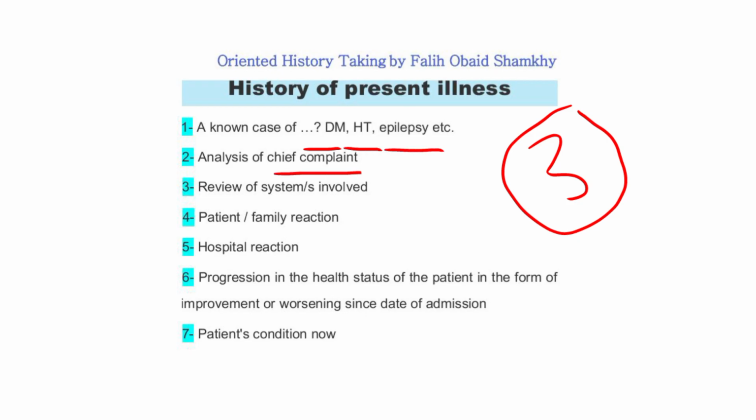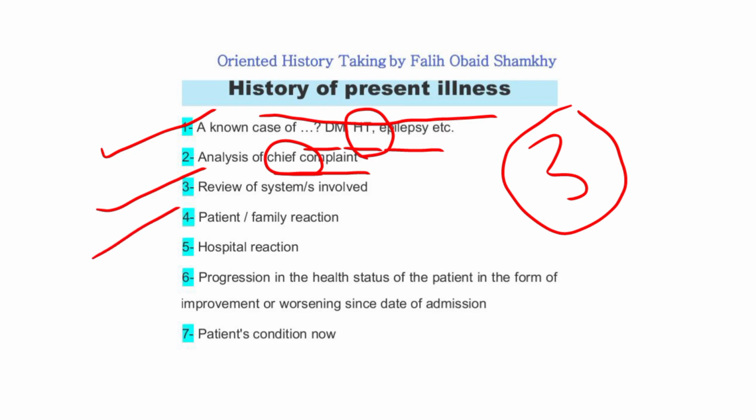Analysis of chief complaints. In this history of present illness, we can ask the patient about diabetes mellitus, any kind of primary or secondary hypertension, epilepsy, and complete analysis of chief complaints, review of all systems, patient or his family reaction, hospital reaction, and also progression in the health status of the patient in the form of improvement, or when the patient comes, whether there is improvement now or not, the patient's condition now.